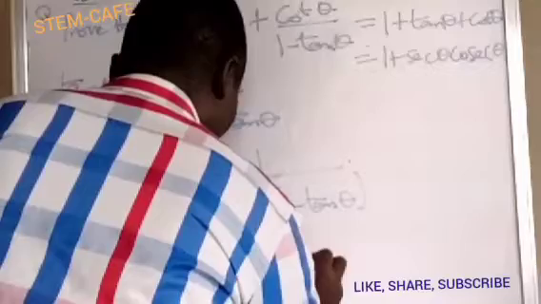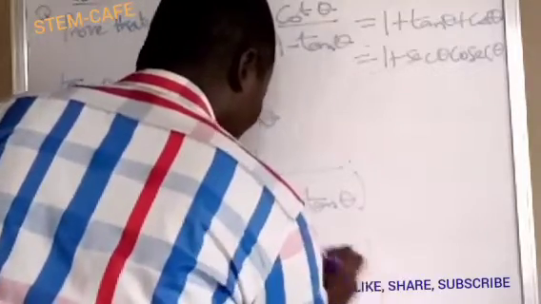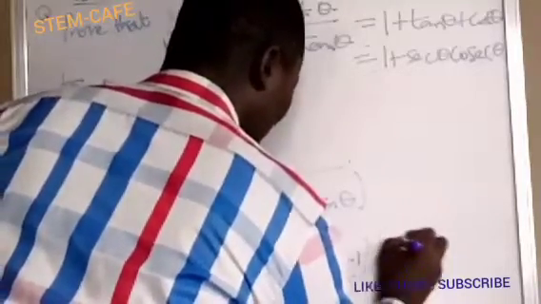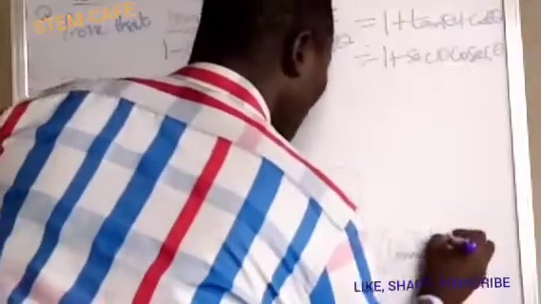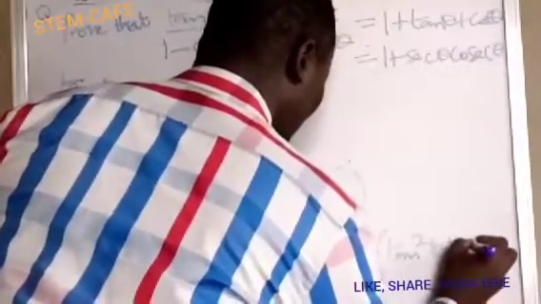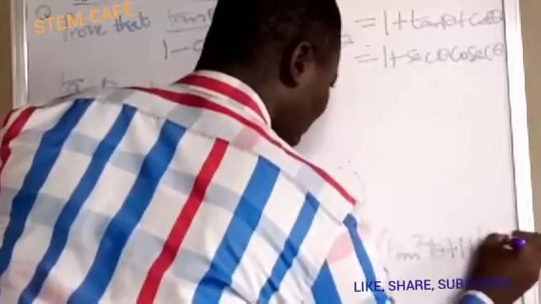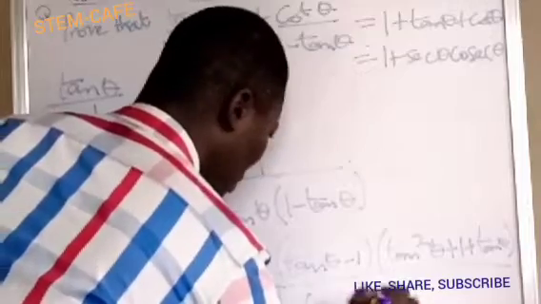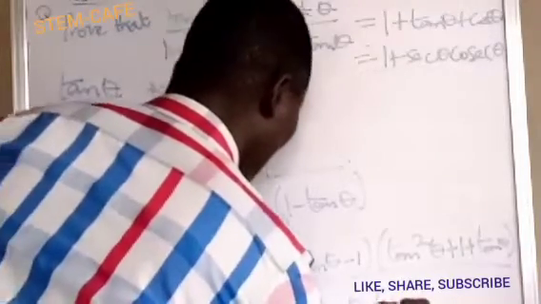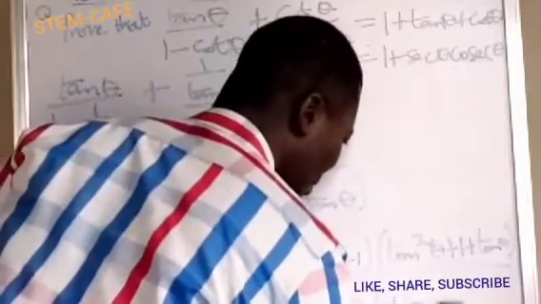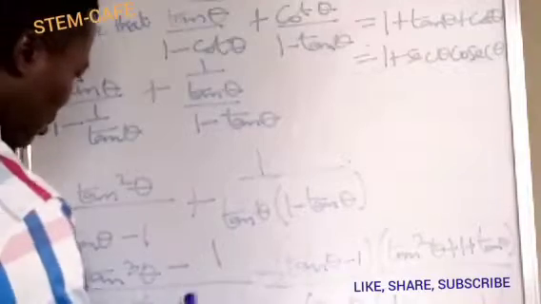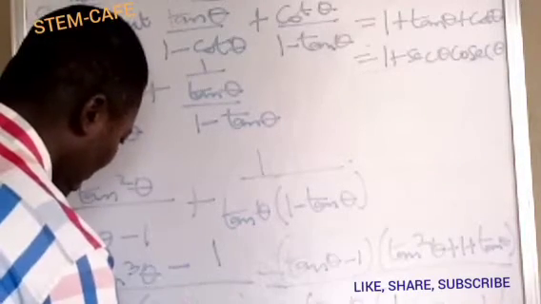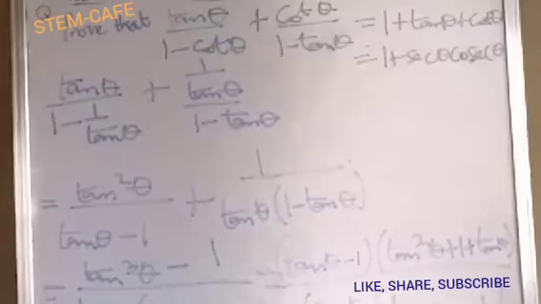So let me factorize. It's going to give me tan theta minus 1 into tan square theta plus 1 plus tan theta over tan theta into 1 minus tan theta, which is minus tan theta minus 1.